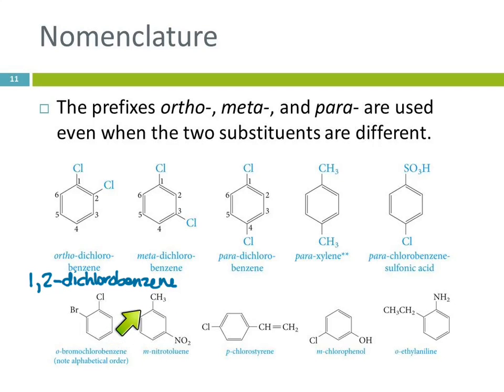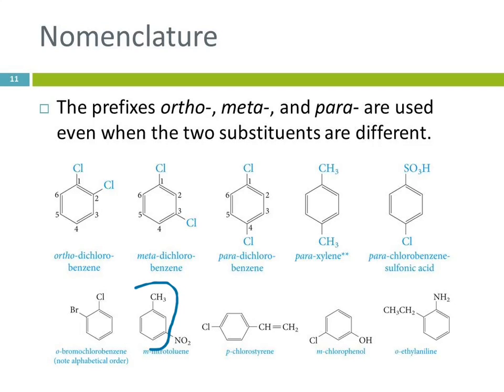This one, I'm going to erase this other name here. When we look at this guy, we might think, oh, well, that's methyl nitrobenzene. But toluene is a special name.